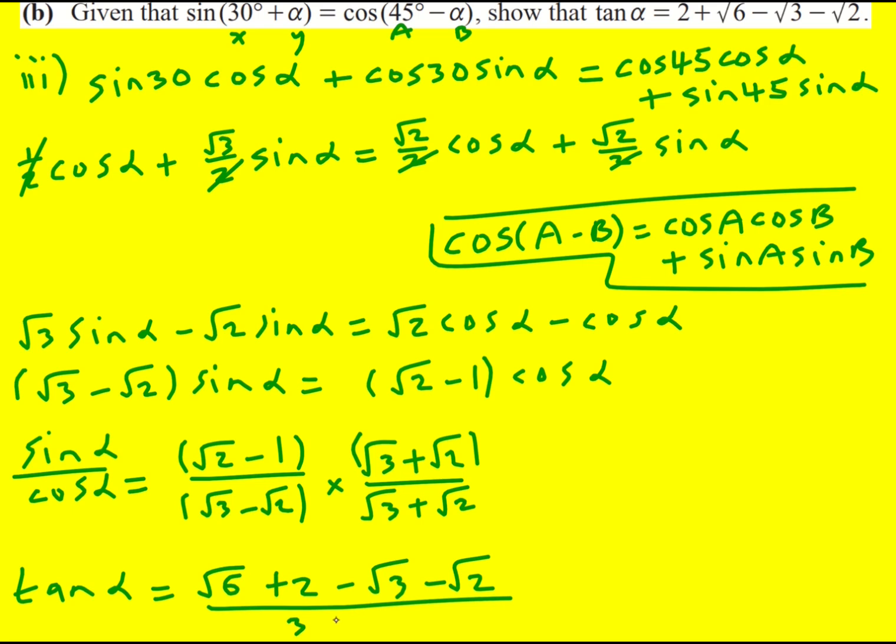I'm going to get a plus, I'm going to add it in just because I want to show my work, and plus root 6 minus root 6, and then minus 2. So these cancel, and actually I'm just left to divide them by 1. So I'm going to get, as my final answer, I'm going to write it exactly like they've got, 2 plus root 6 minus root 3 minus root 2.